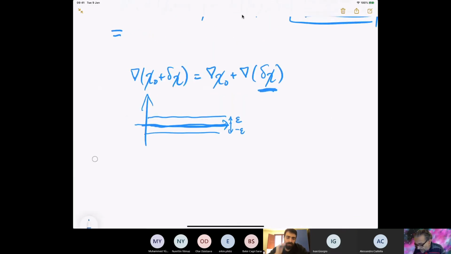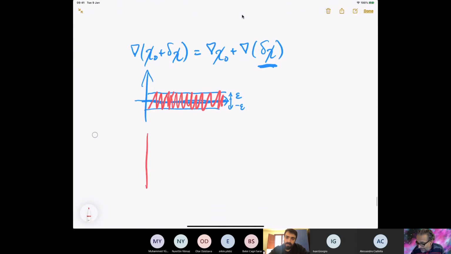This function here is very small. However, its derivative is not small, because here you have big derivatives, right?